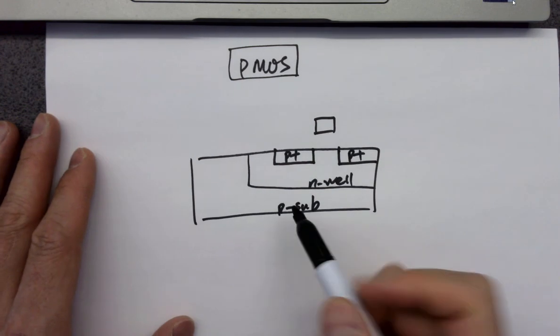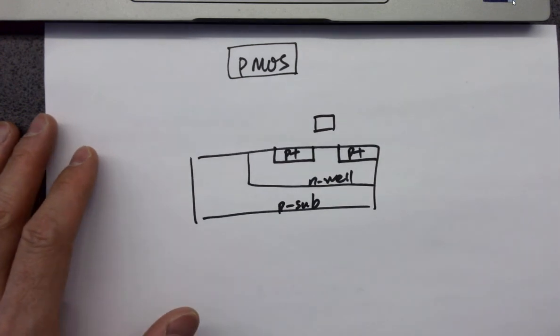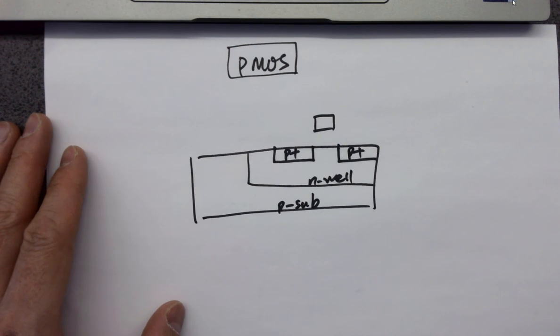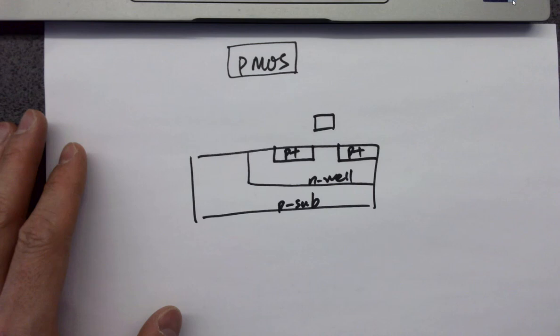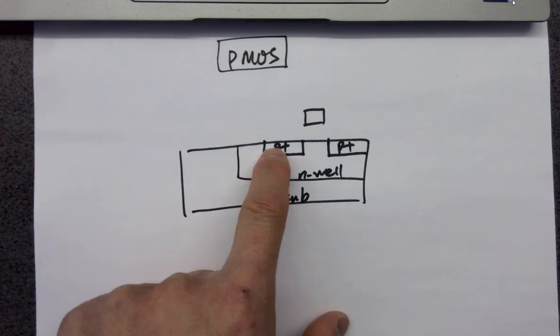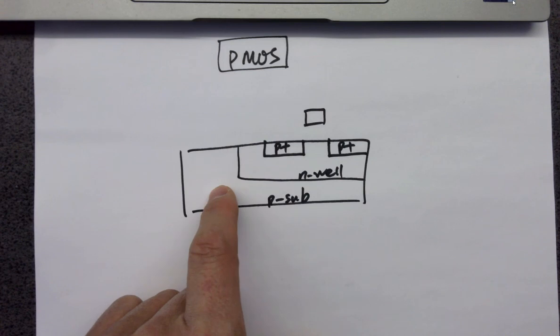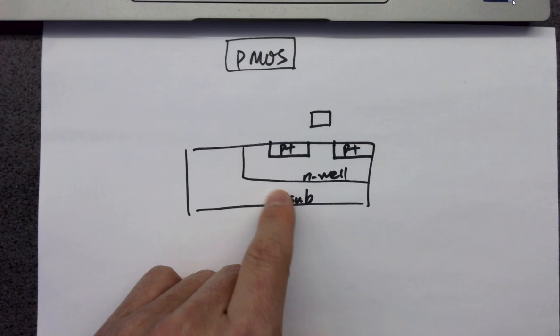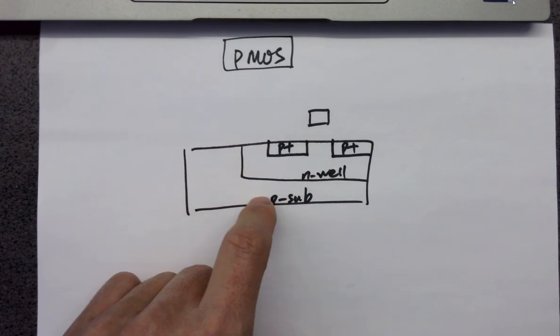Because of the P sub. If it's a P-type substrate, you cannot directly put your P plus in the P sub. It's shorting to ground. I don't want to short the body of my PMOS to ground. Do you know what I'm saying? It makes sense that P plus will be shorted to P sub because they're the same material. So that's why you need an N well in between to isolate them.